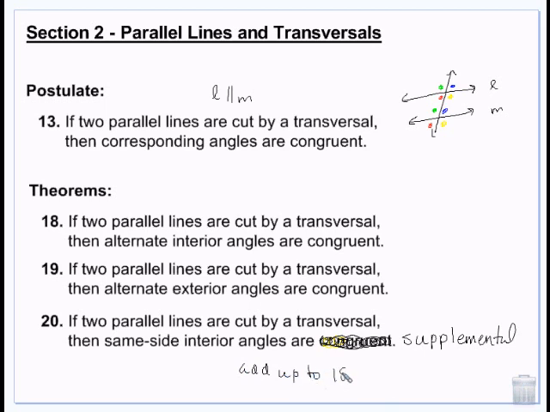Seems a pattern here. Sorry, I typed congruent, congruent, congruent, but it was meant to be congruent, congruent, supplemental. So excuse my typo.